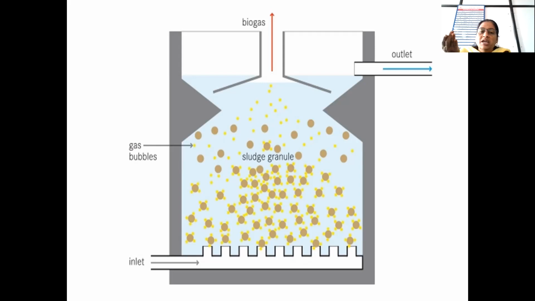The name of that technology itself is the upflow technology. You can look at this figure: the inlet is provided at the bottom and the outlet at the top, so upflow technology in a reverse direction. What will happen because of that upflow? There will be suspension, meaning for mixing purposes it becomes effective.